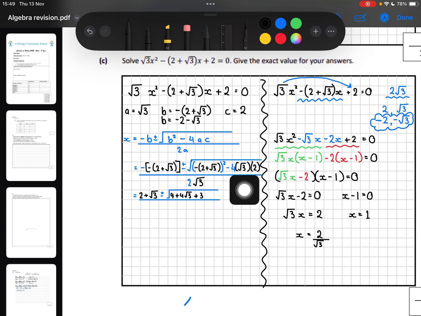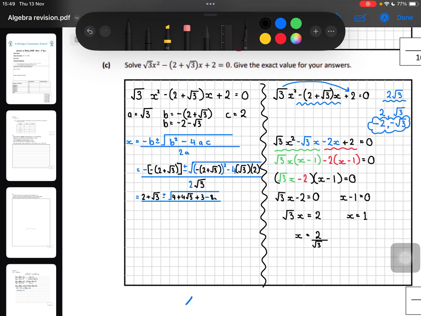Okay, and then I have minus 4 by square root 3 by 2, so that's minus 8 square root 3. Okay, and that's all over 2 square root 3.